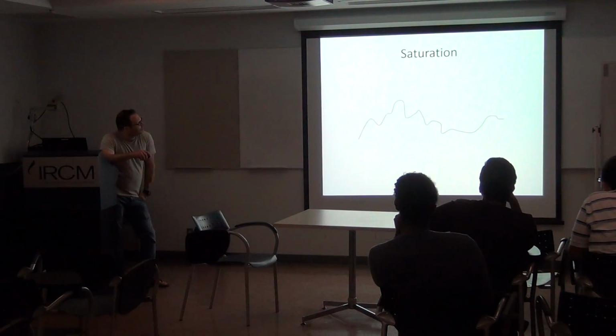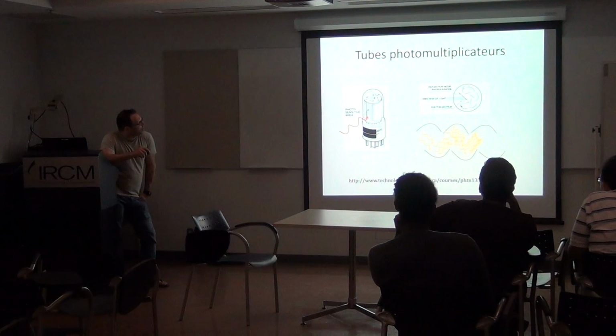Okay, yeah, I think we will stop with the photomultiplier tube. So those devices just count photons. As a photon arrives onto its surface, there is an avalanche of electrons which will amplify the signal.